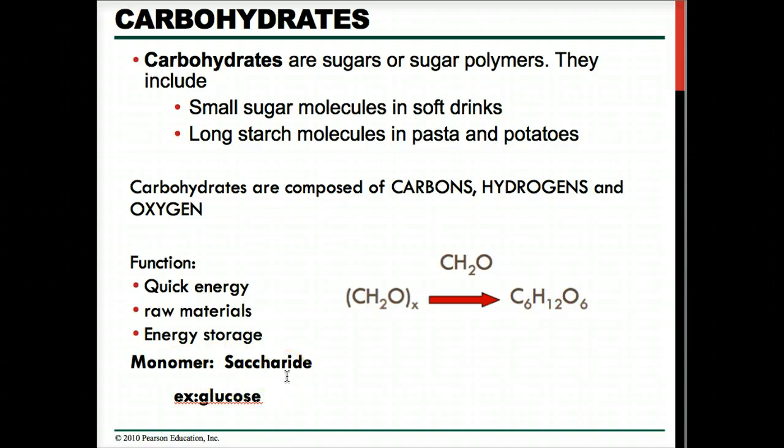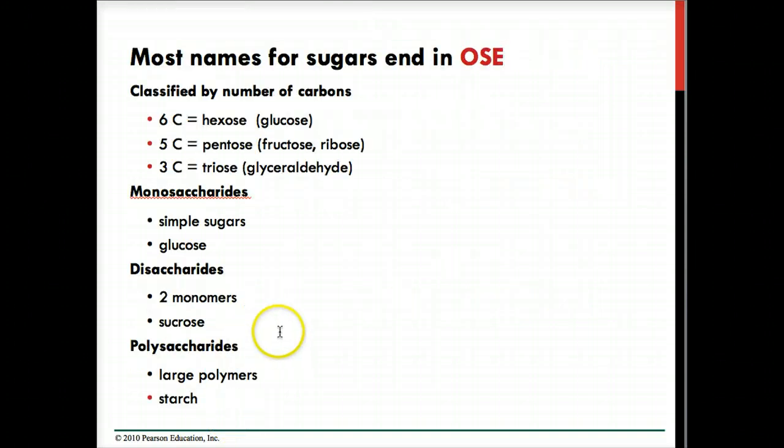The monomer of a carbohydrate is a saccharide. A saccharide is a generic term for a monomer of sugar, for an individual sugar. A common example here is glucose. Most names for sugars end in -ose, and generally they're classified by their number of carbons. For example, this is a 6-carbon sugar.